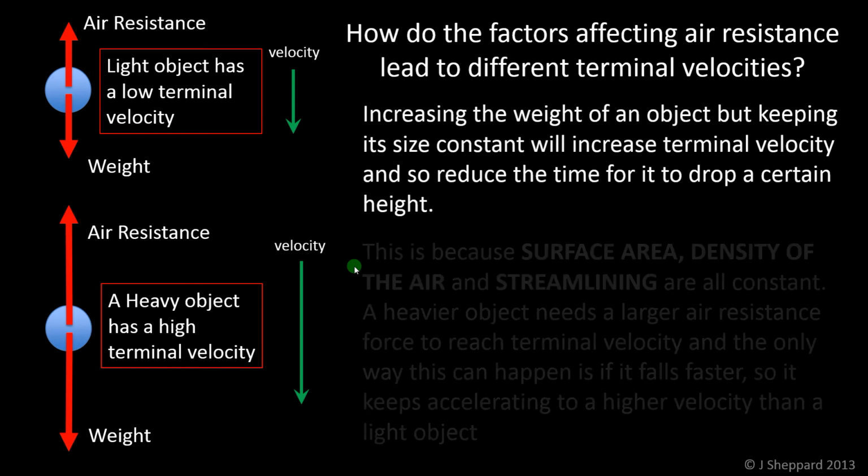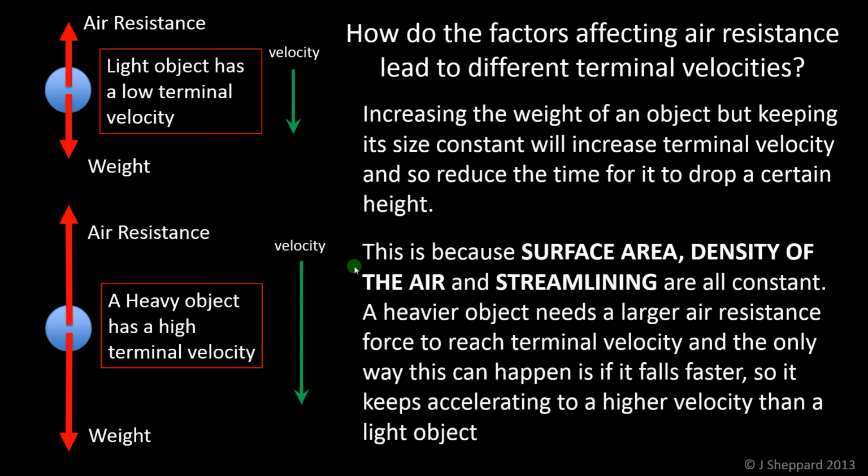So, same thing, because all the other factors, the surface area, density of the air, and streamlining are all kept constant, the only thing that can change to produce this larger air resistance force required to get to terminal velocity for the heavy object is the speed. The speed will need to increase to provide that air resistance force, as that air resistance force is equal to the weight. Right? So for the heavy object, that happens at a higher speed, and therefore it falls faster.